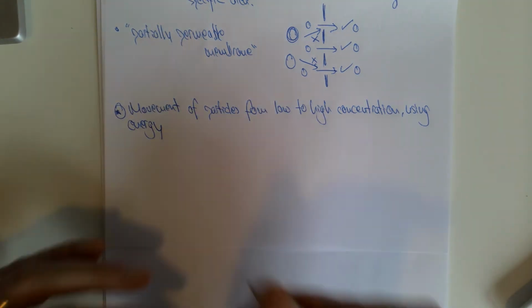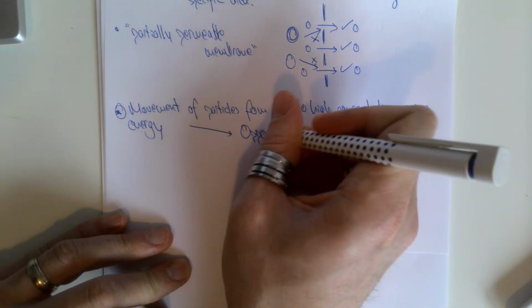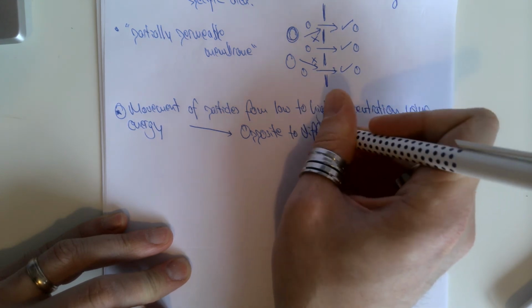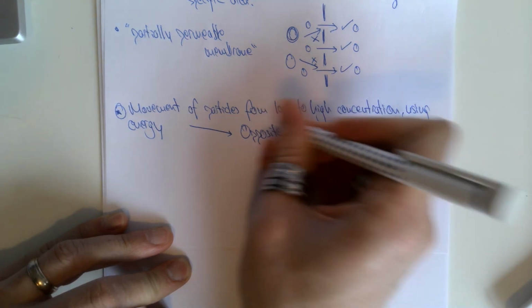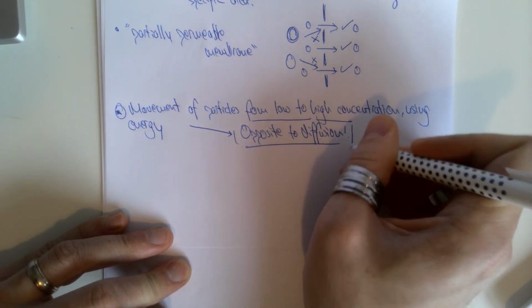So key thing to bear in mind is that it is the opposite to diffusion, because it requires energy and it's going from areas of low concentration to areas of high concentration.